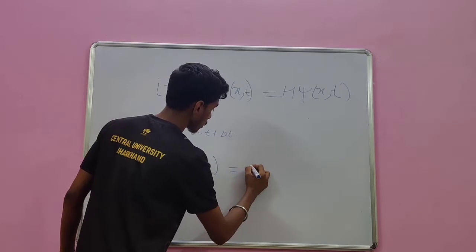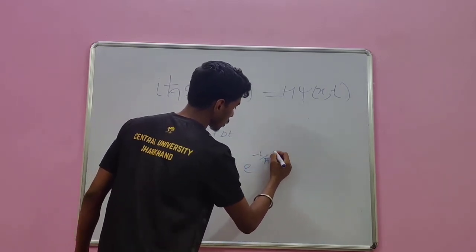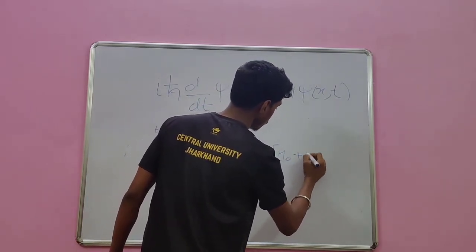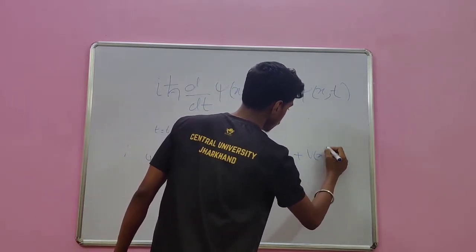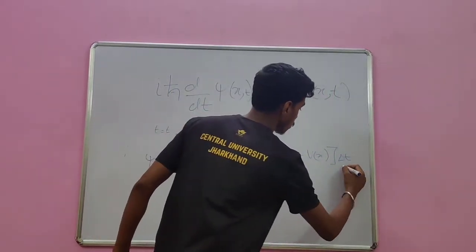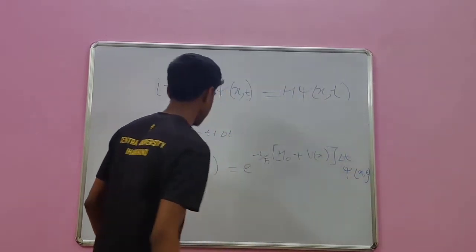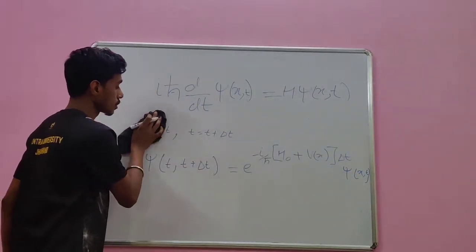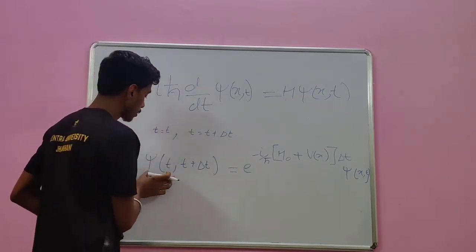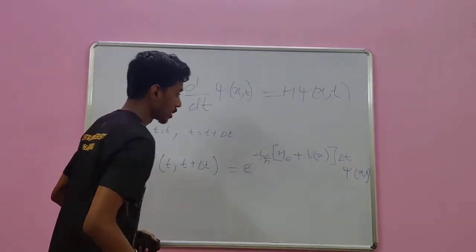we will get the result psi(x, t plus delta t) equals e to the power minus i by h cross (H naught plus V(x)) delta t into psi(x, t), of course. By integrating this from t to t plus delta t, we get this result.